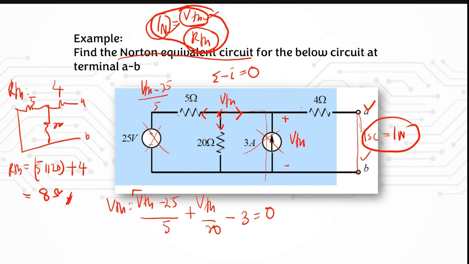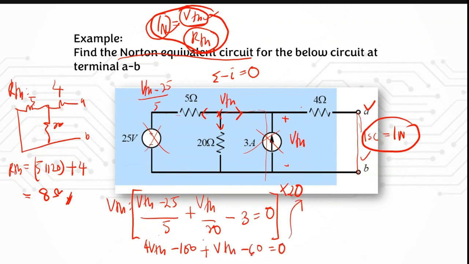When you do the calculation, make sure that you simplify this equation first by multiplying it by 20, so that here you get 4, and here 1. You have 4 VTH minus 100, plus VTH minus 60, equal to 0.